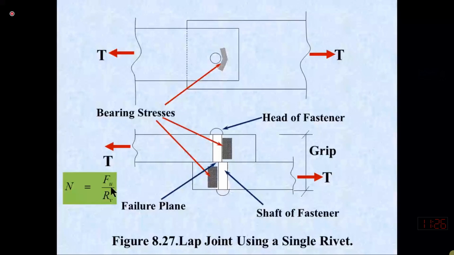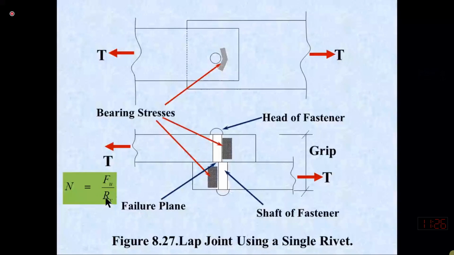Similarly, here the weld value will be replaced by another value referred to as RV, the rivet value. The rivet value is the force resisted by a single rivet or single fastener. How much force a rivet can take before failure is referred to as the rivet value.